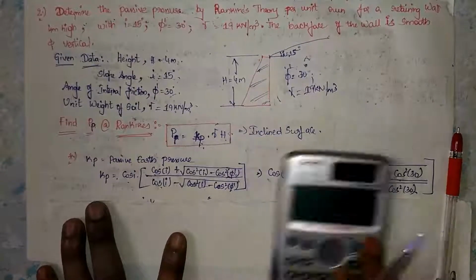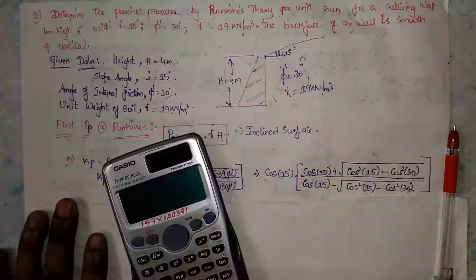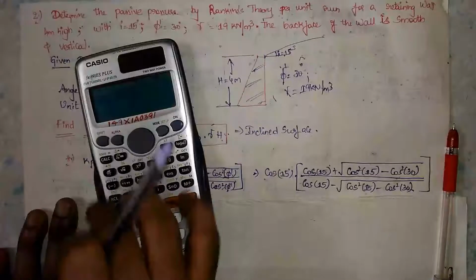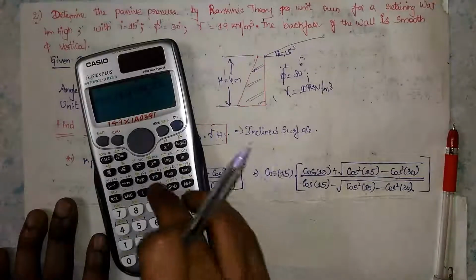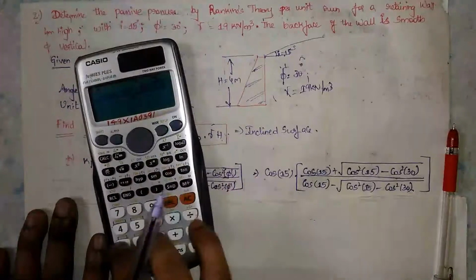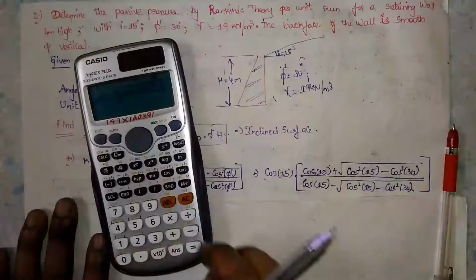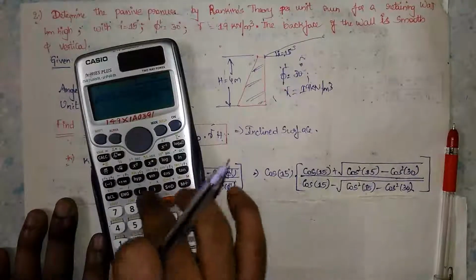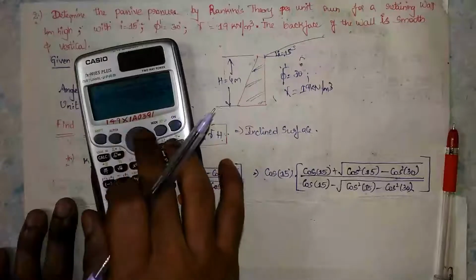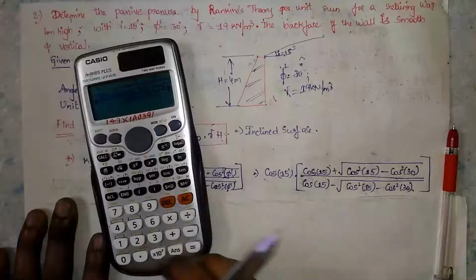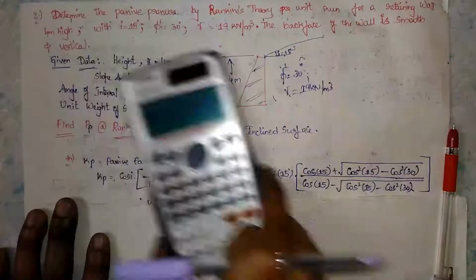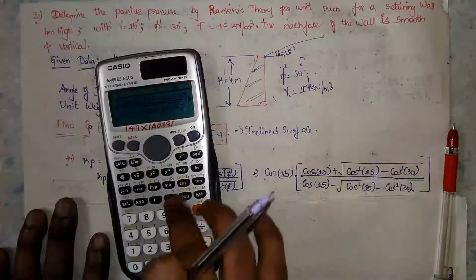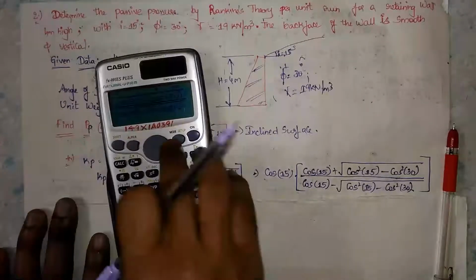With the help of the Casio, we use cos 15 into, divided by cos 15 minus root of cos 15 square minus cos 30 square, divided by cos 15 plus, sorry, here minus root of cos 15 square minus cos 30 square.